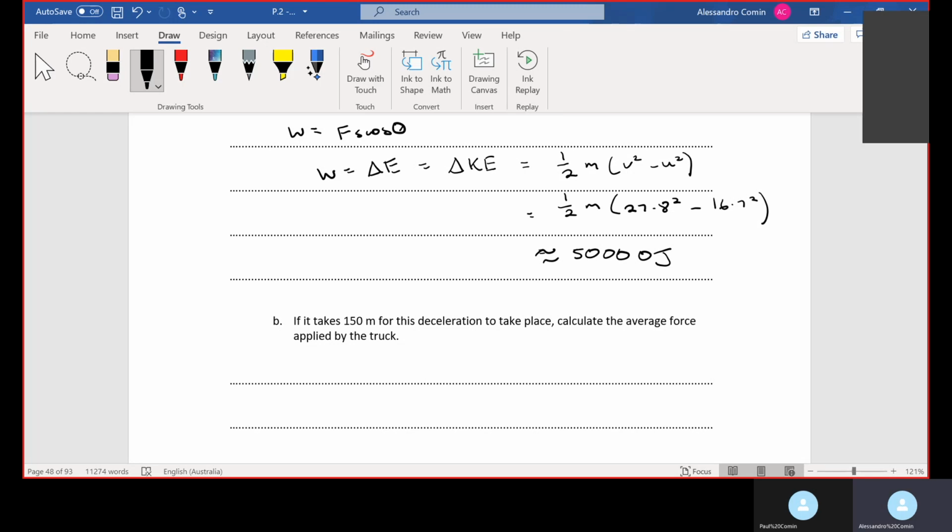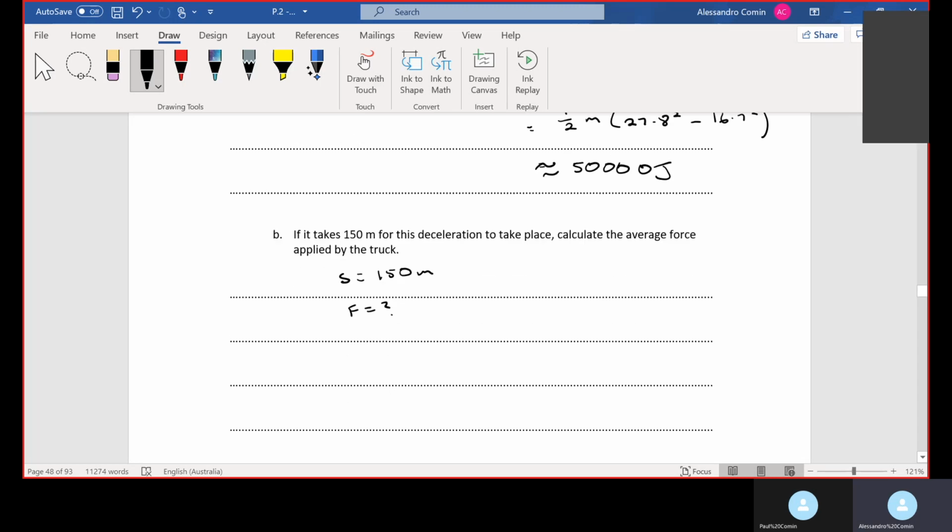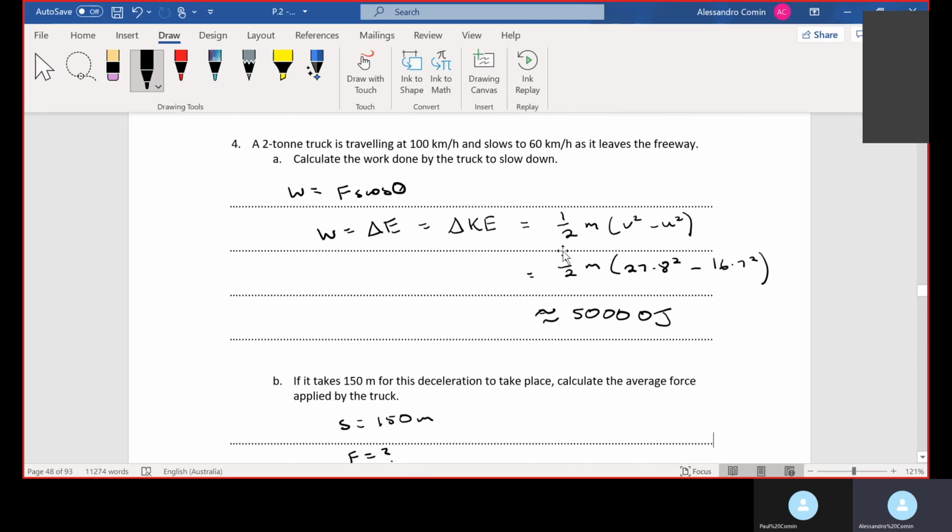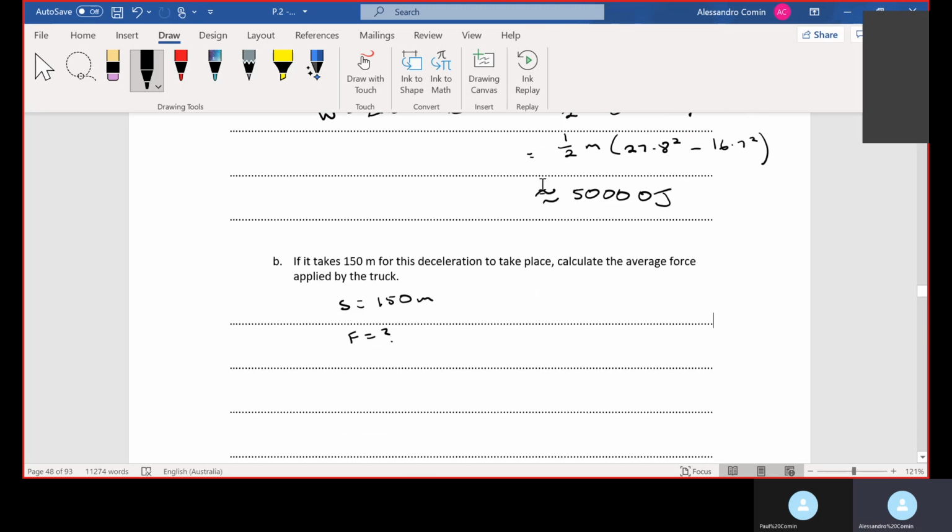By the toolbox method, we have S, and we're asked to find what F is. And we can assume that theta is equal to 0 because there's no triangle being formed, since we're not given an angle. And we know that work is approximately equal to 50,000 joules.